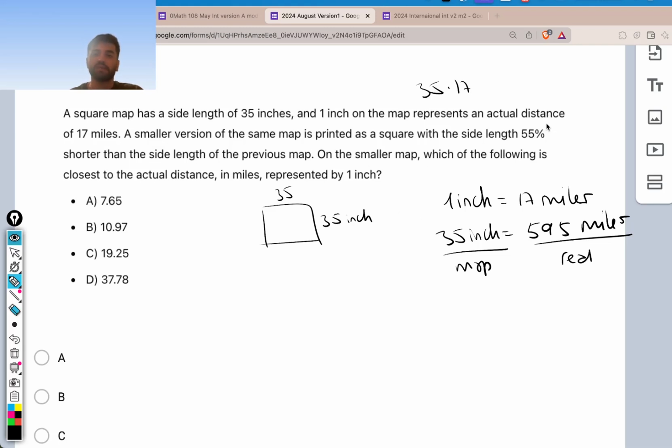Now if we make it 25% smaller, we have to multiply 35 by 0.75, but this one will be the same, right? Because it cannot change, it is real. Let's multiply 35 by 0.75.